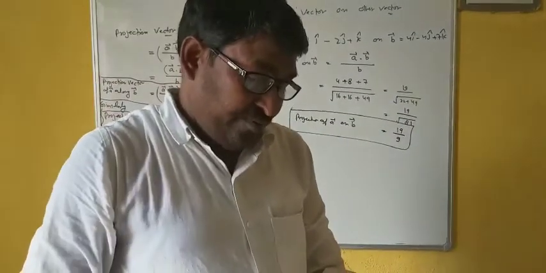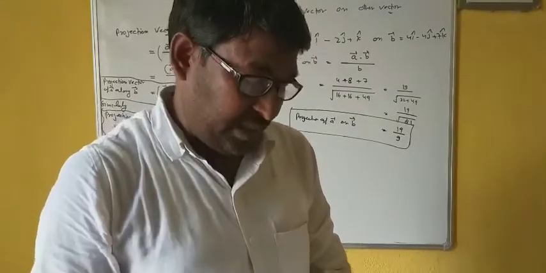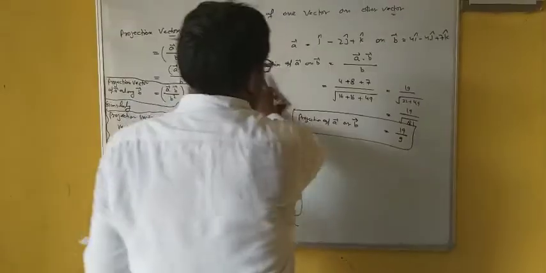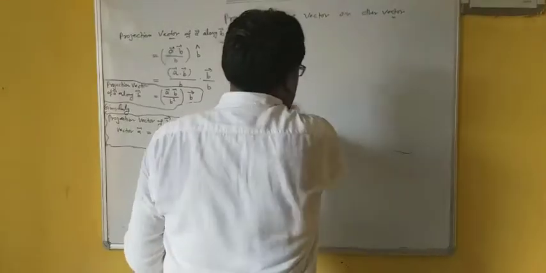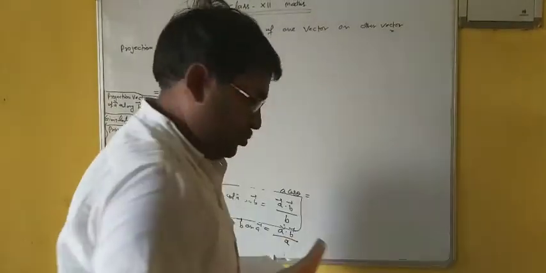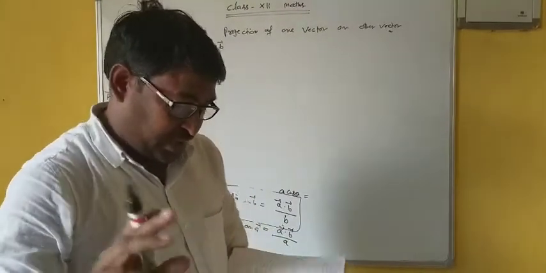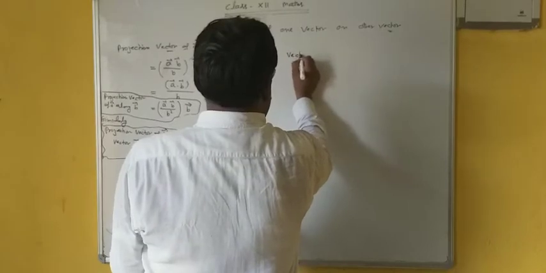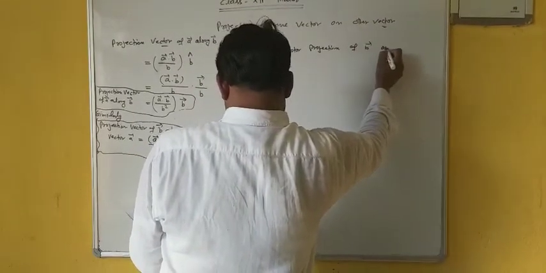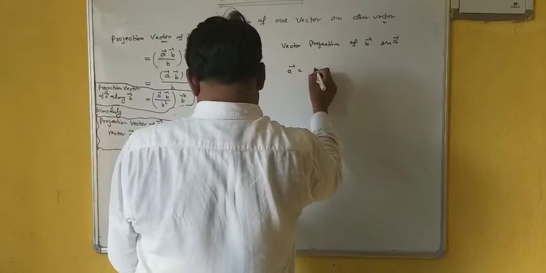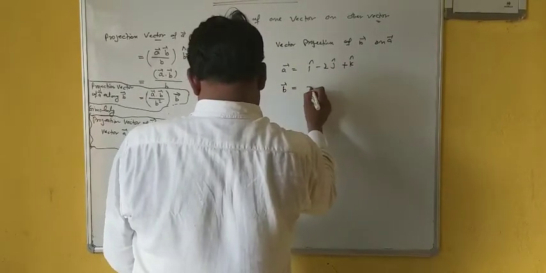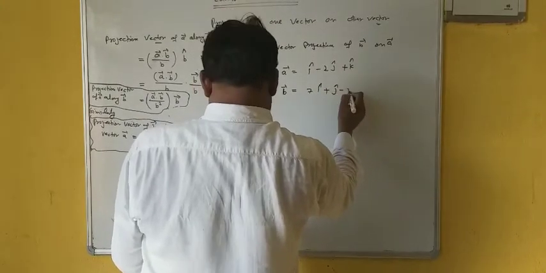Now another question. Find the vector projection of B on A, where vector A is i cap minus 2j cap plus k cap, and vector B is 7i cap plus j cap minus 3k cap.